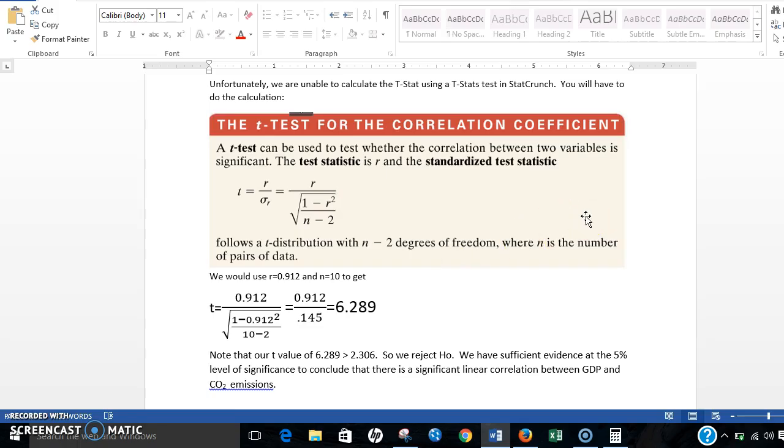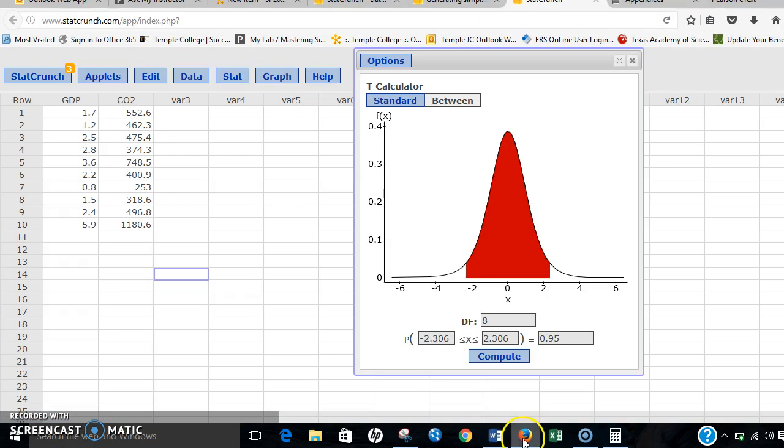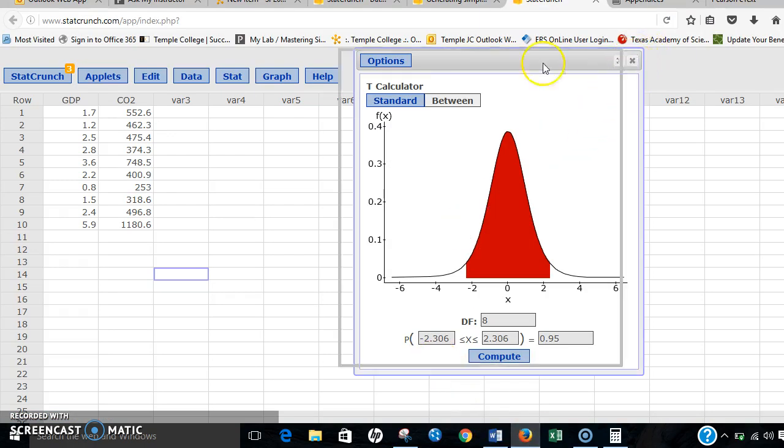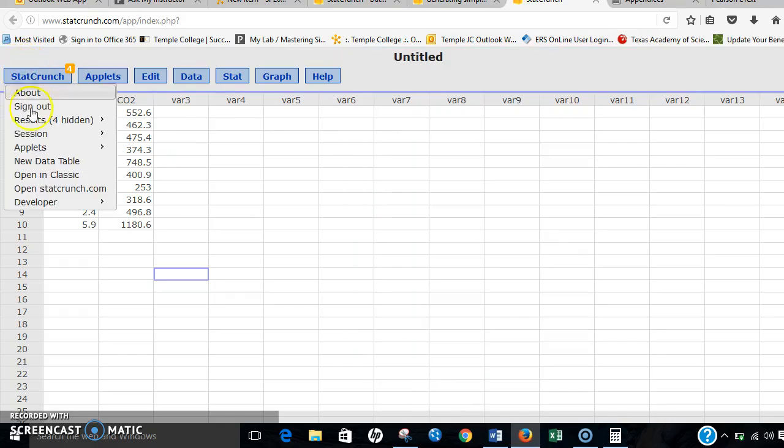Now the third way, if they don't ask you for a critical value, or they don't ask you for the value from the table 11 in the back of your book, the fastest way is when you did this original test. I'm going to pull that back up in StatCrunch.